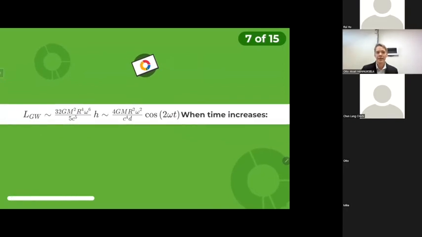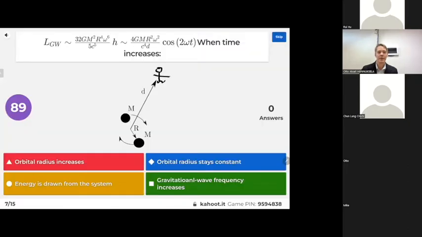Hold on, was this question already here? No, I think this is a new one. So we've learned what the gravitational wave output is, which is the h. We know how much energy is drawn from the system, which is this L_GW. So what happens when time goes on?